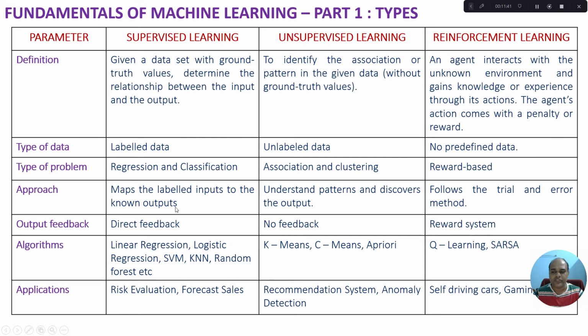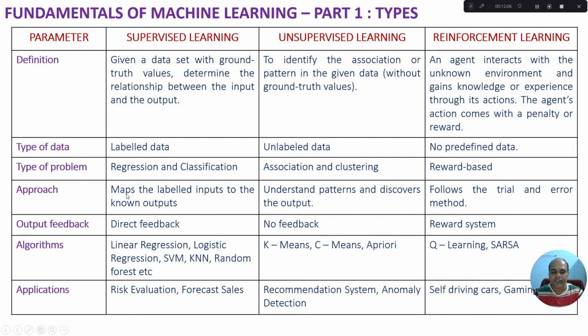The approach taken here is, in supervised learning, the relationship between the input and outputs is obtained. Whereas in unsupervised learning, the machine tries to understand the patterns and discovers the output. In reinforcement learning, it follows the trial and error method.